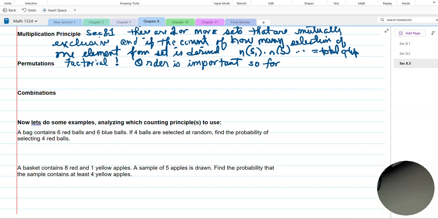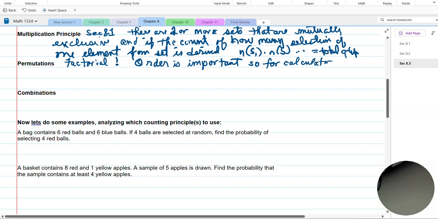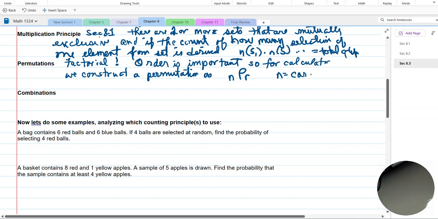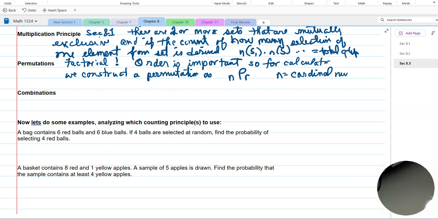So for our calculator, we construct a permutation as NPR, where N is the cardinal number of all elements in the set, and R is the size of the elements to be arranged.